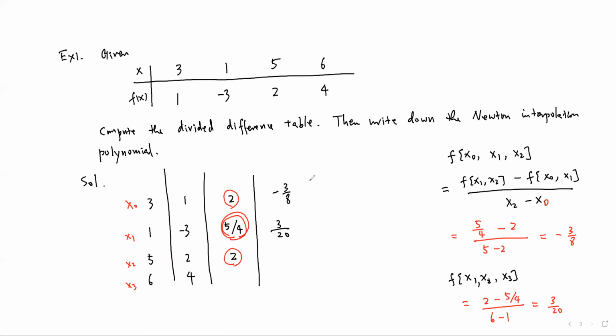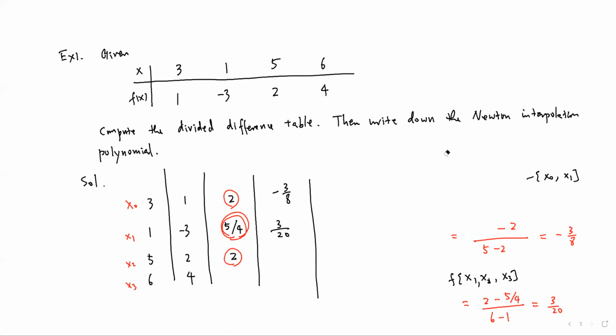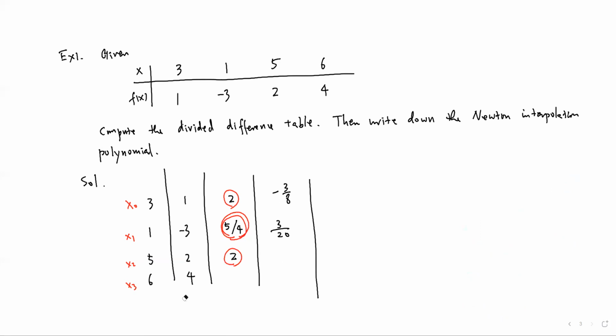Now the last column is for divided difference of order 3.